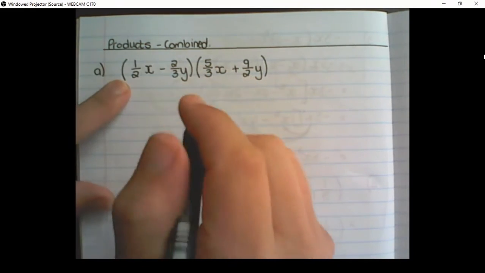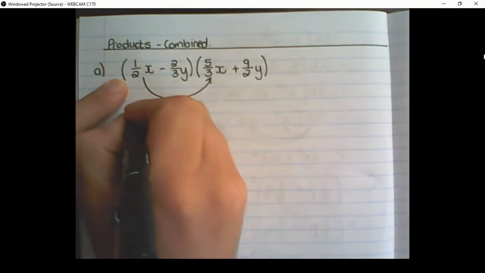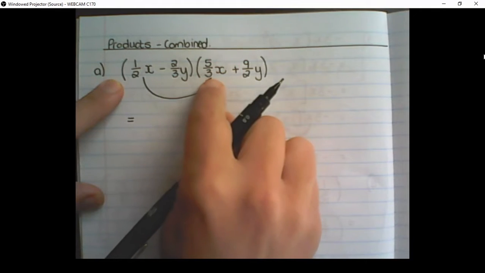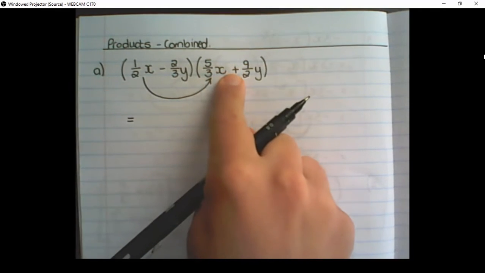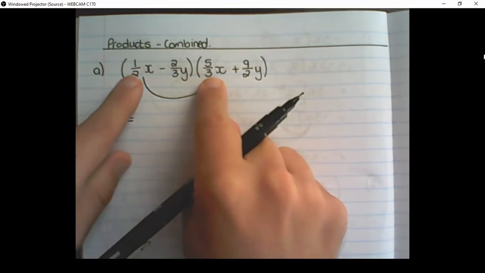So we are going to take the first term in the first bracket, a half of x, and multiply that with 5 over 3 times x. So let's start with a half times 5 over 3.